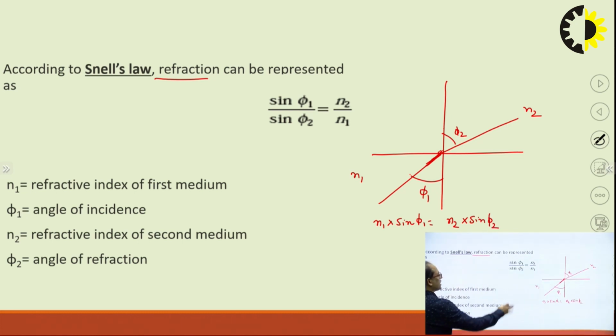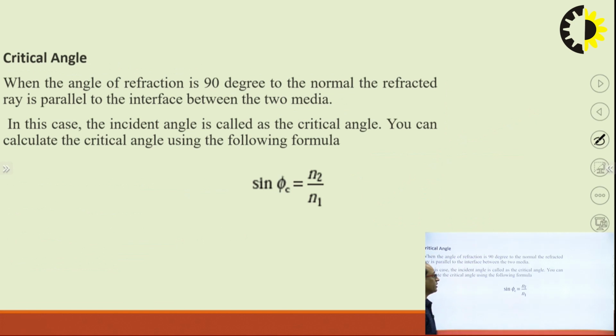Clear? So sin phi 1 upon sin phi 2 is equal to what? n2 by n1, where n1 is the refractive index of the first medium, phi 1 is the angle of incidence, phi 2 is the angle of reflection, and n2 is the refractive index of the second medium.